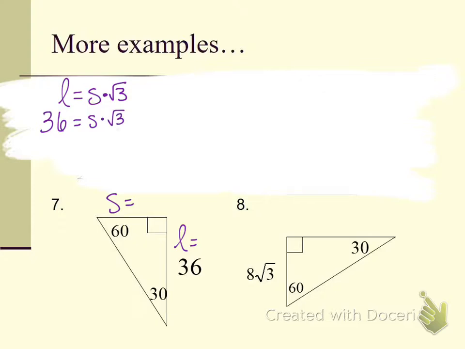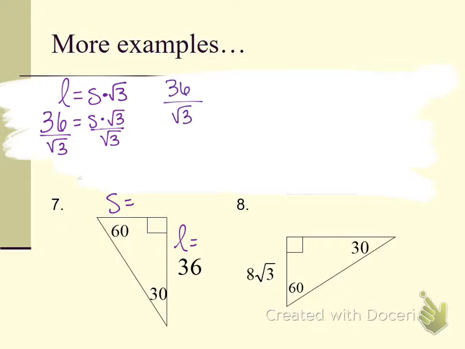How are we going to solve for S? Divide by root 3. Now this again is going to be kind of like some of the ones we saw with 45-45-90s, where we need to rationalize this. The denominator cannot be a radical.